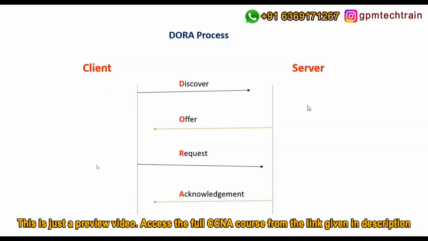Also, a check happens from the client side to avoid IP conflicts. Once the acknowledgement message is sent from the server, and the client saves the IP to its configuration, it will send a gratuitous ARP. What does gratuitous ARP mean?